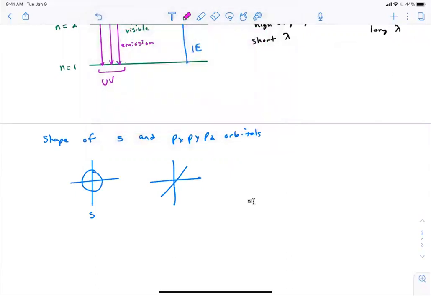Because they are labeled px, py, and pz because they exist on those axes. And so knowing that it's a dumbbell shape that lies along the axial lines of x, y, and z is something that you are expected to know.